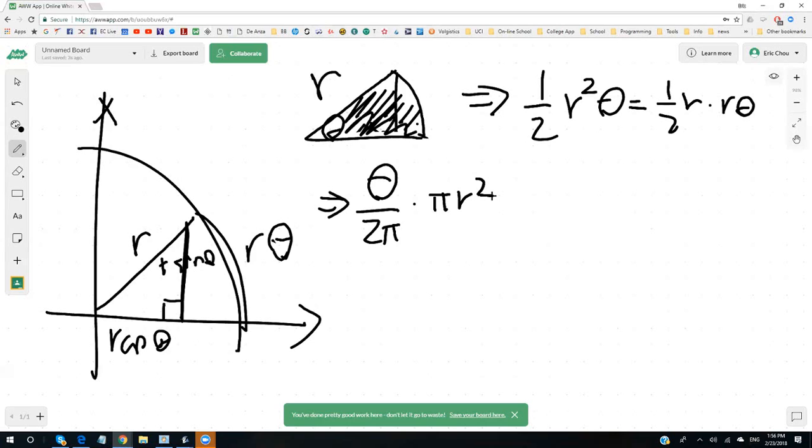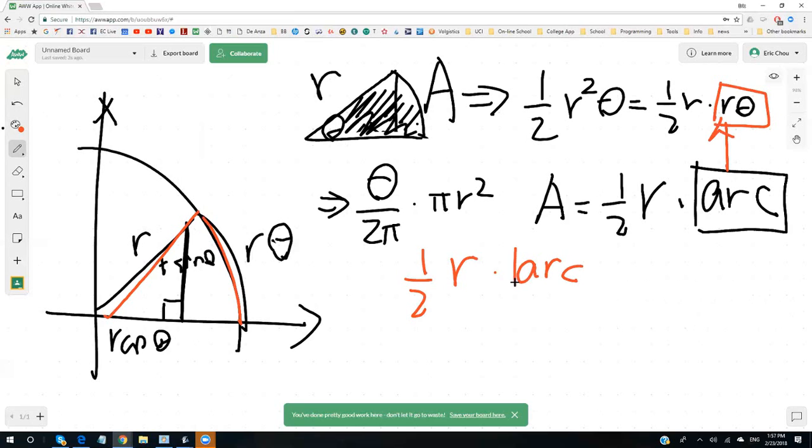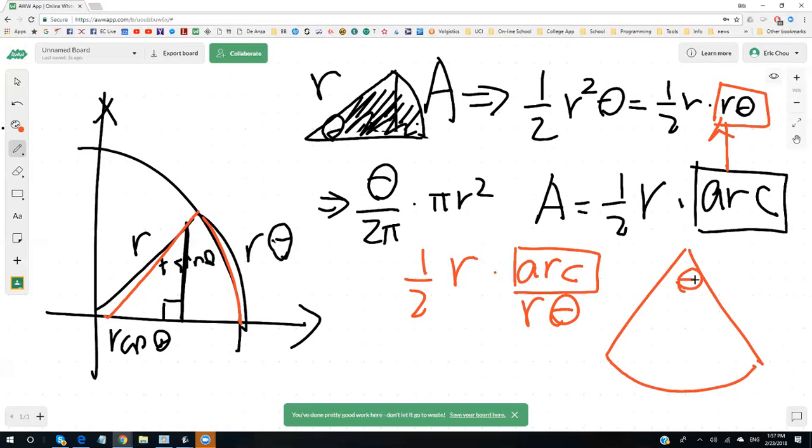The other way to look at it is this area A is 1/2 r times the arc, and the arc is r theta.